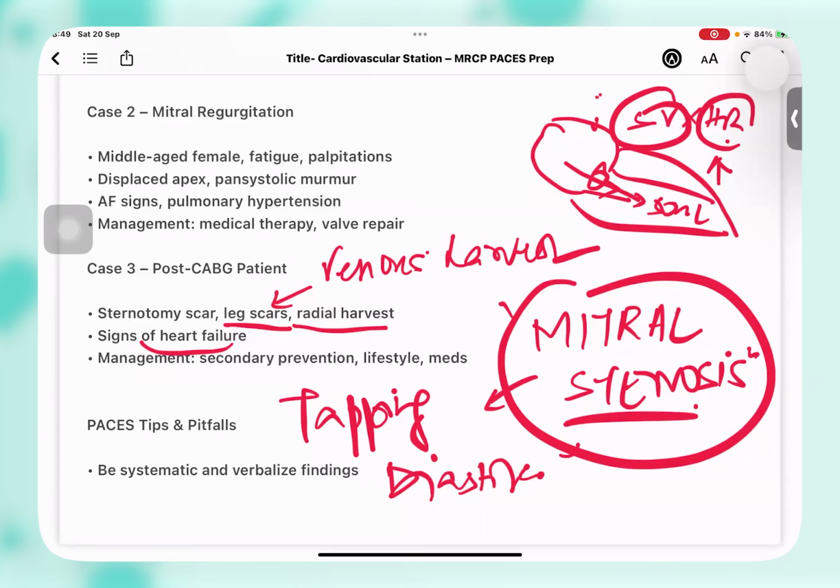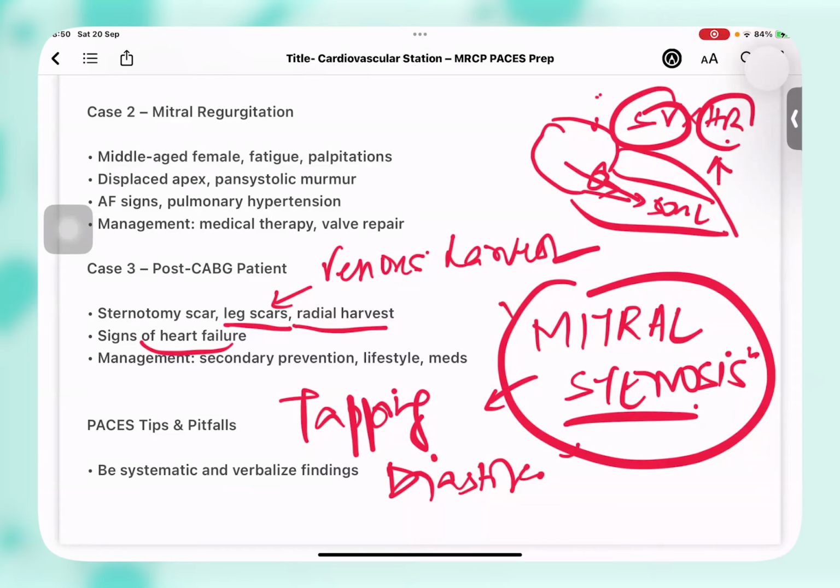Usually the apical impulse in these established mitral stenosis patients, this is a very good question, that apical impulse in an established mitral stenosis patient is usually by the right ventricle. Why? Because it is a displaced heart. Now it has displaced towards the lateral side, and it is the right ventricle which has come to occupy there.